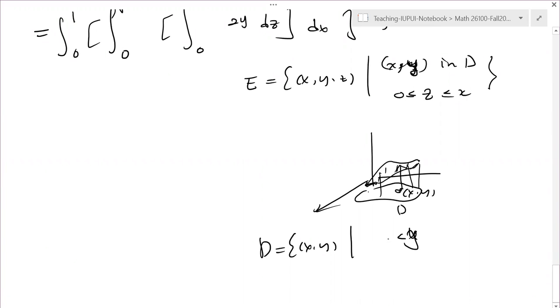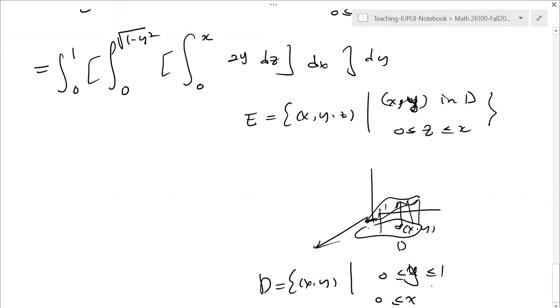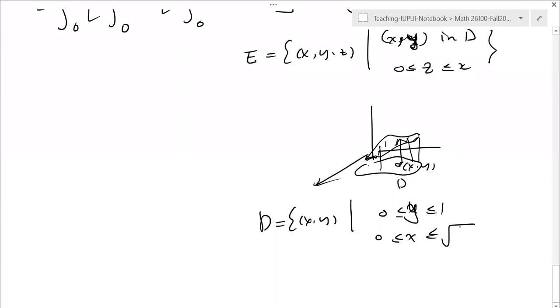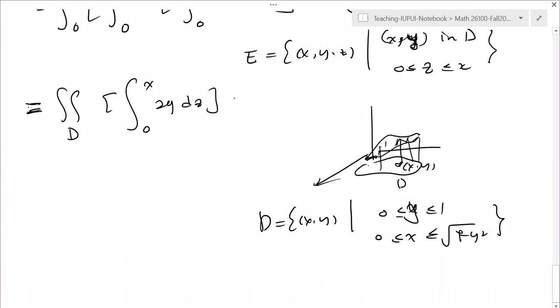y is between 0 and 1, x is between 0 and, you can do it step by step. If you do it like this, then you can have a double integral first, and z is from 0 to x, 2y dz, and dA.